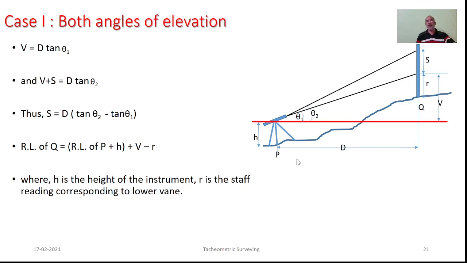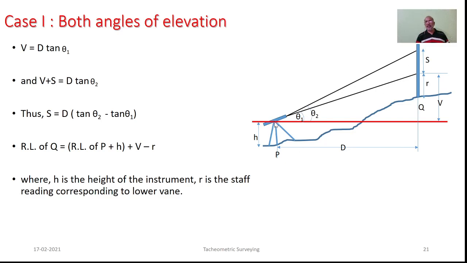So the way you see here, instrument is set at station P, staff is kept in the vertical manner with respect to Q. Here the two targets are placed S distance apart, so the distance of that particular lower target is R. Distance up to that particular lower target with respect to the horizontal plane is expressed as V. θ1 is measured with respect to lower target, θ2 is measured with respect to the line sighting the upper target.